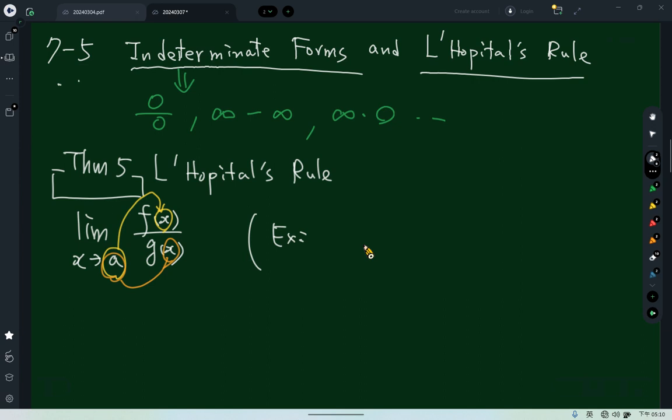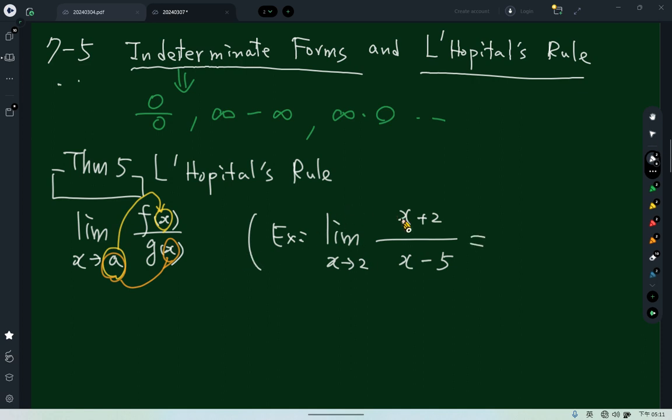Let me review some content we learned last semester. If I ask you to calculate the limit of (x plus 2) over (x minus 5) at x equal to 2, it's easy, right?